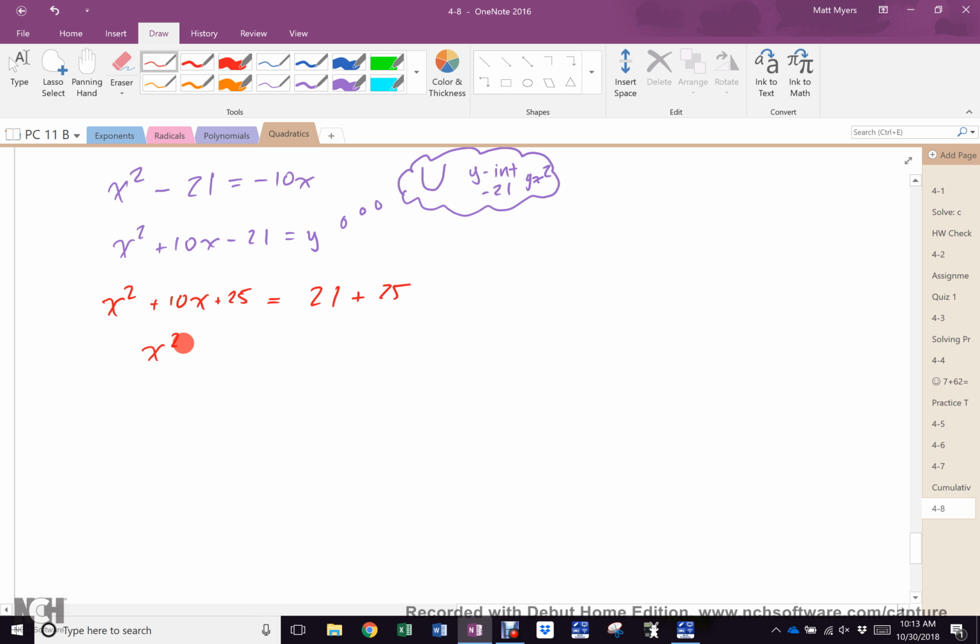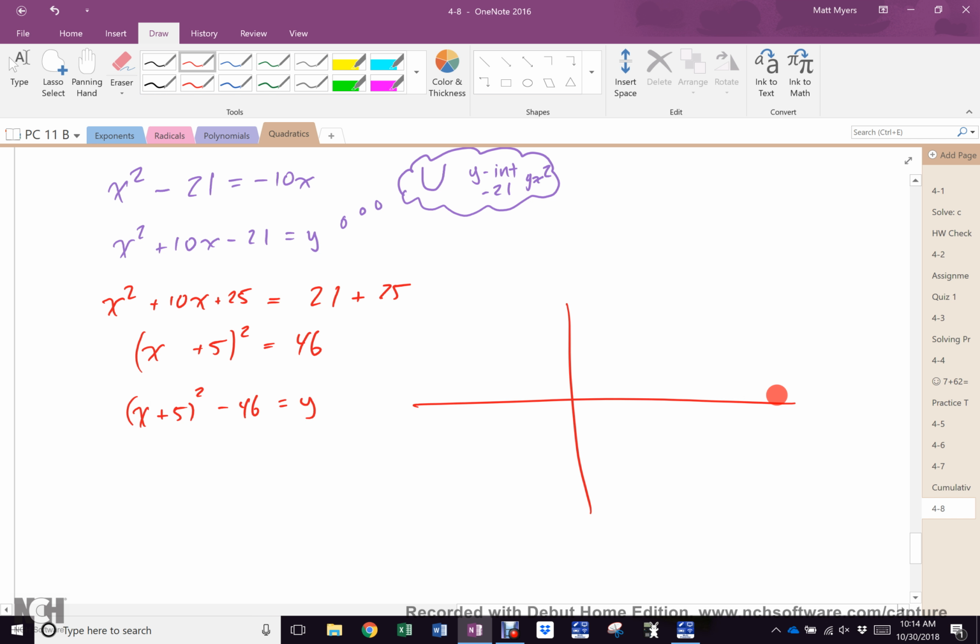Now I've got x plus 5 squared equals 46, yes? What is that now? Almost. Isn't that almost vertex form? What would make it vertex form? x plus 5 squared minus 46.